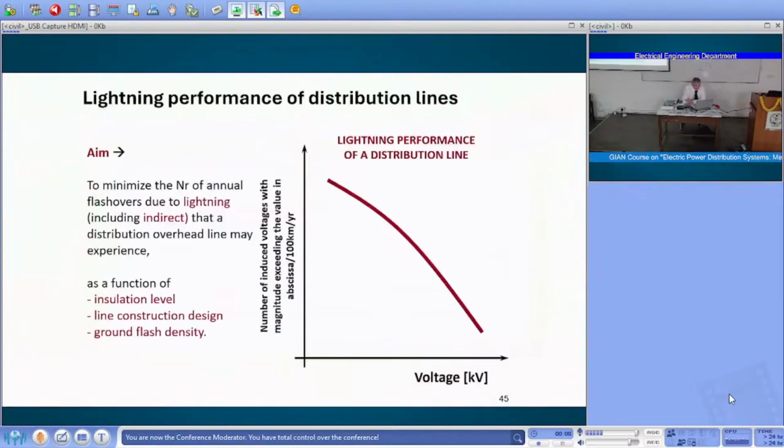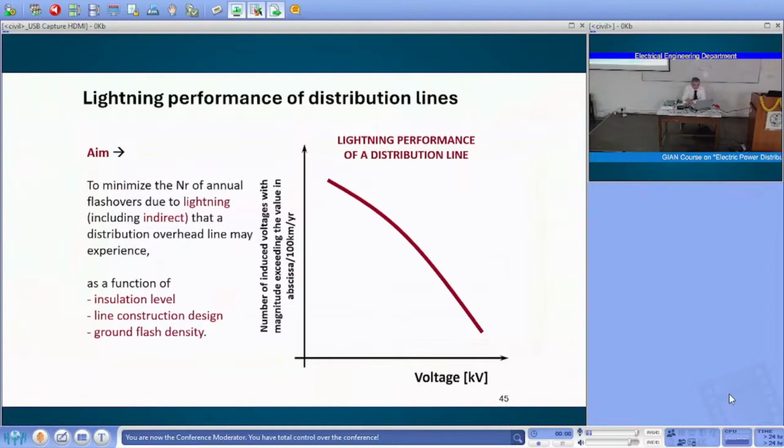So what is the lightning performance of distribution lines? In general, we speak about a diagram in which on the x-axis we put the insulation level in kilovolt for the line insulation. On the y-axis, the number of induced voltages with magnitude exceeding the value in the abscissa.